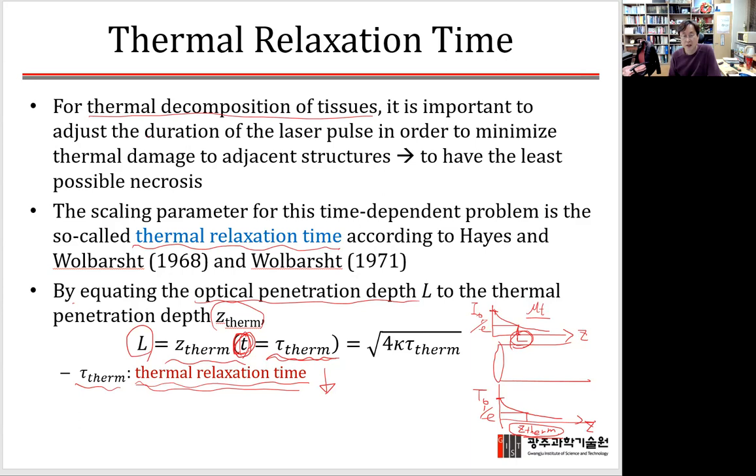But if this tau term is increased, the heat generated at the surface and conducted to this depth point takes a longer time compared with the smaller thermal relaxation time.